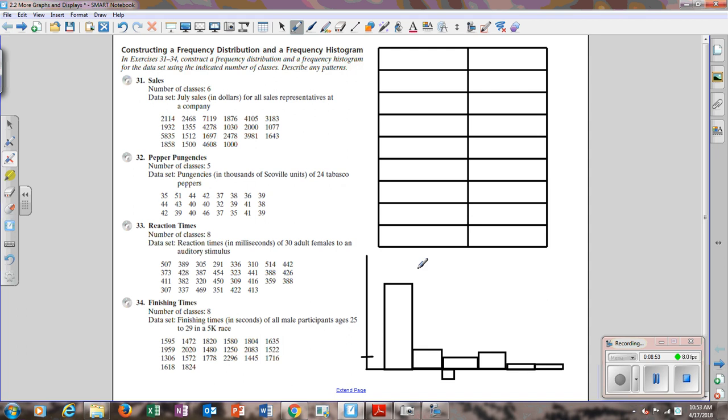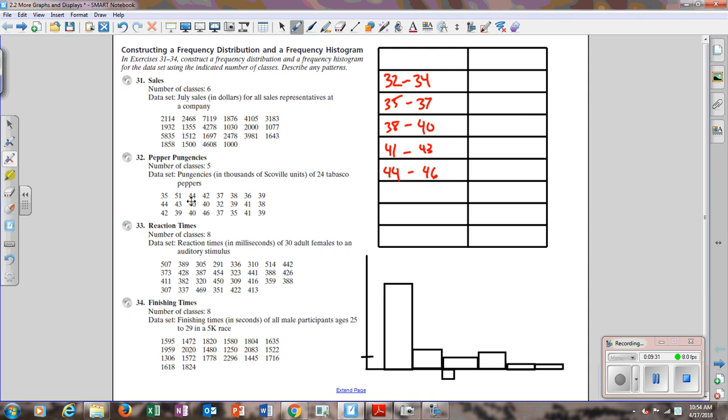So you're going to go up by 3 each time. So start with that lowest number, 32, and 35, 38, 41, 44, 46, 43, 40, 37, and 34.